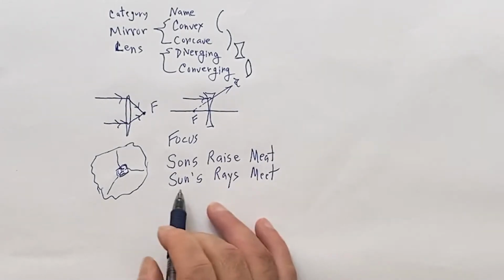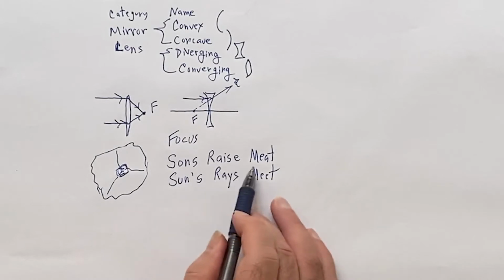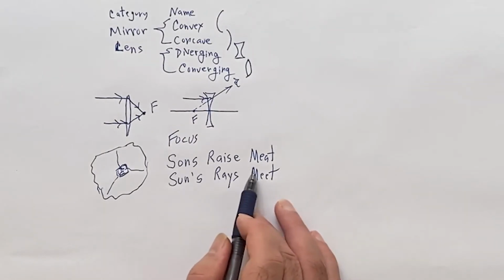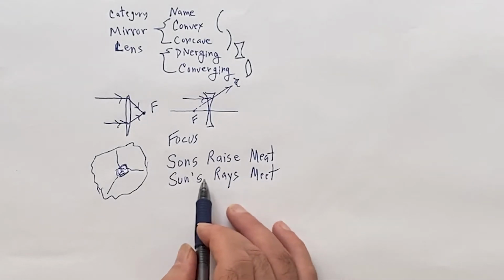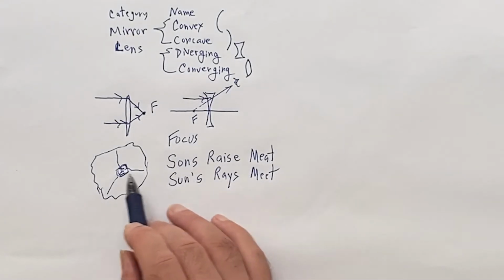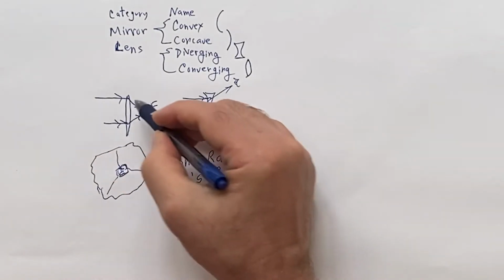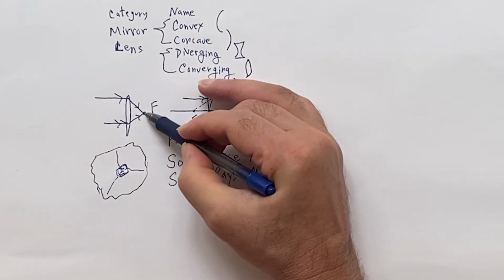Perfect pun, triple pun. All the words are spelled differently, and they mean different things, and it works. It's where the sons raise meat. Focus.